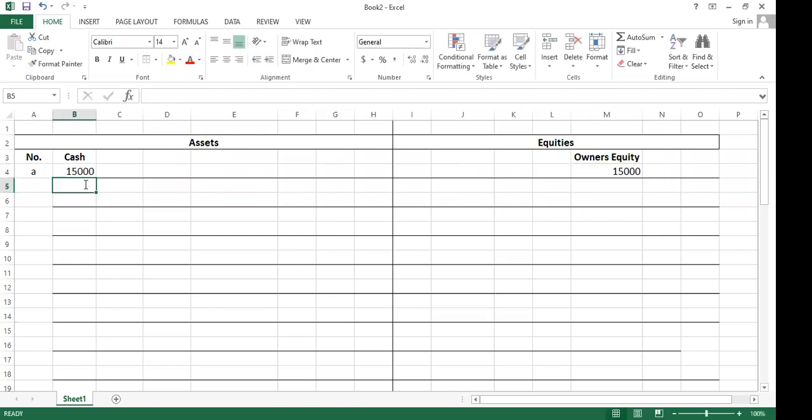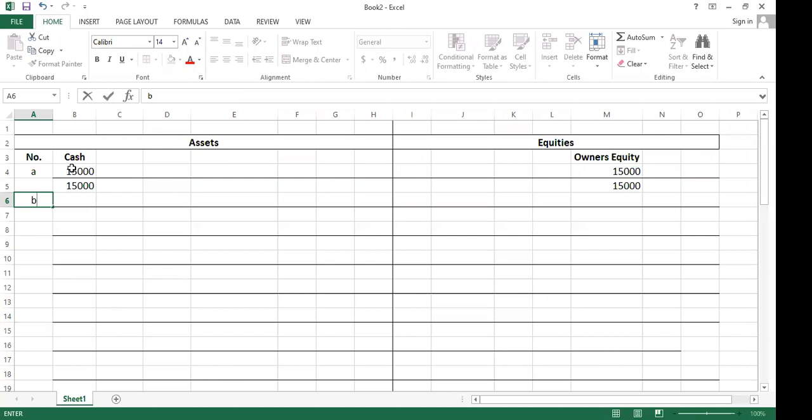After the A, balance is cash 15,000 and owner's equity 15,000. Second one is, this is the invested amount, cash 15,000 and owner's equity 15,000. This problem is only for the cash.